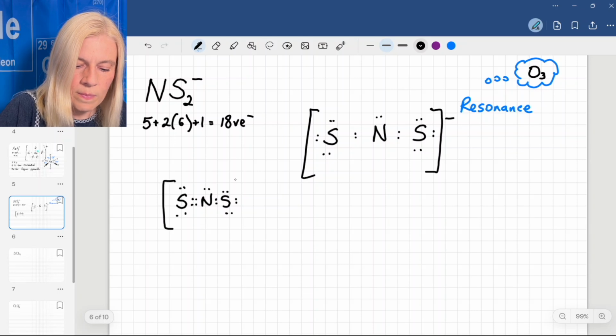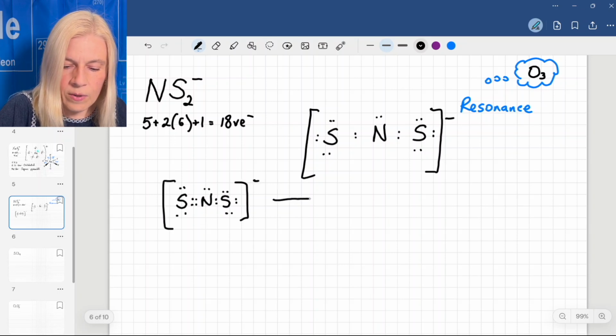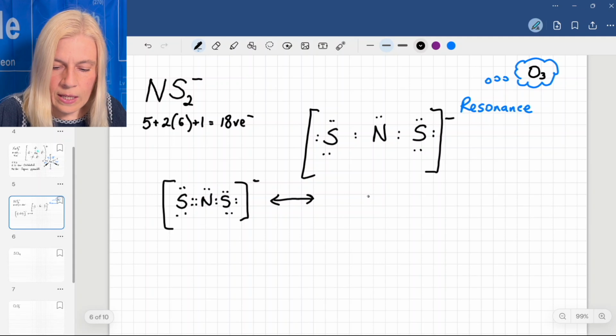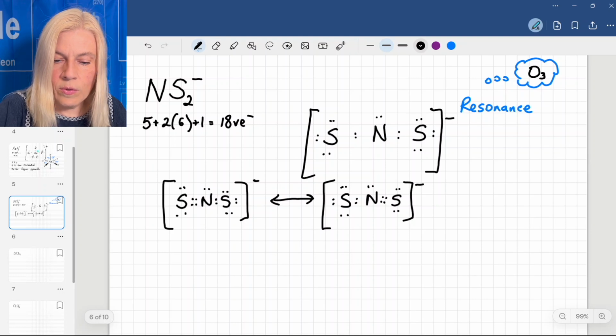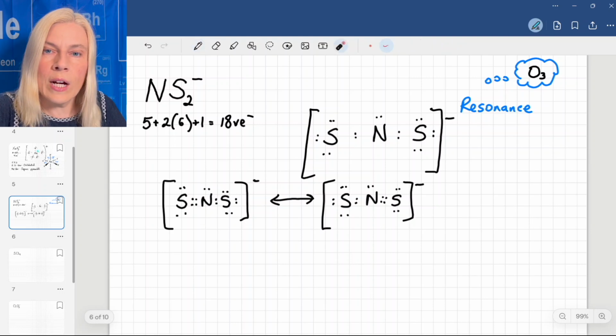Here is one of them, and our arrow, and the second choice was another possibility right here, bracket, and then we're going to use one of them for our VSEPR.